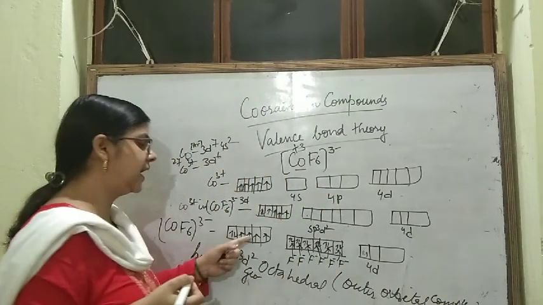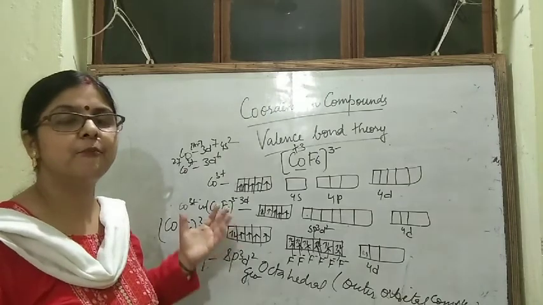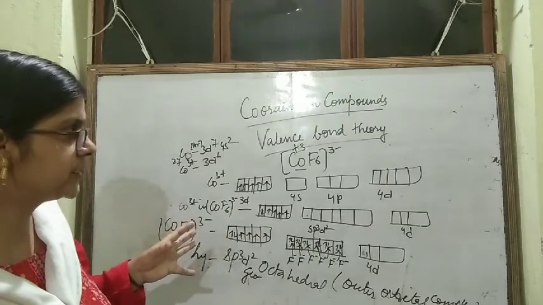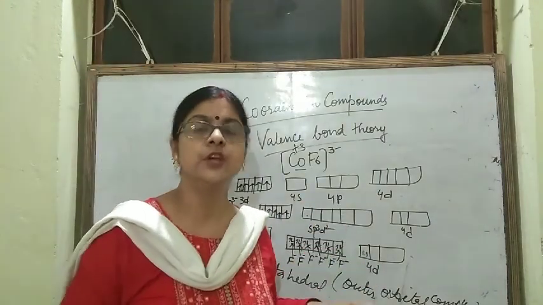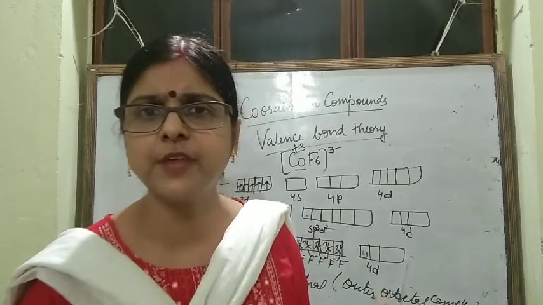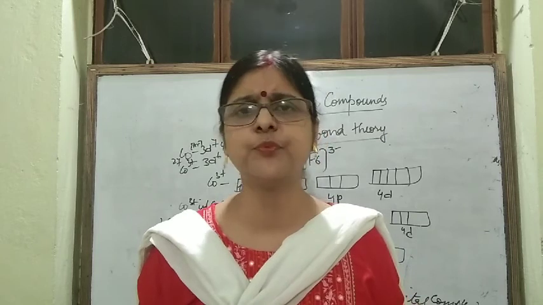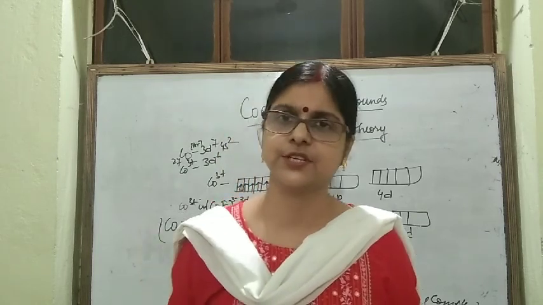Next, you see there are unpaired electrons. So you can say this is a paramagnetic substance. So you see how valence bond theory is helpful to determine the geometry of the molecule and also to determine the magnetic properties of the complexes to a certain extent. Thank you.